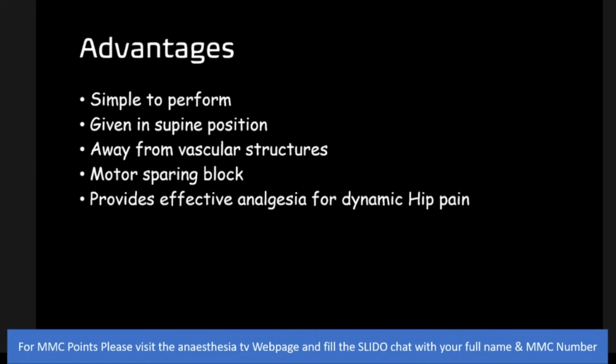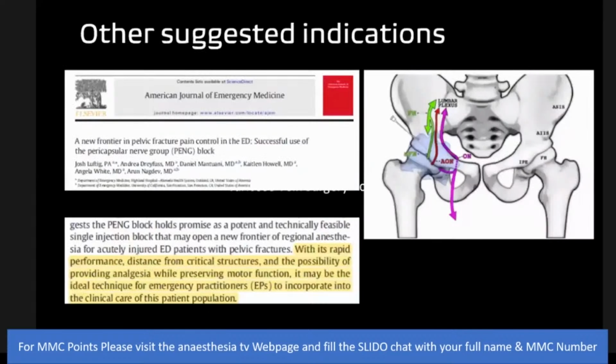The advantages of PENG block are that it is simple to perform, it is given in supine position, the needle placement is away from vascular structures, it does spare all the motor power, and definitely provides effective analgesia for dynamic hip pain.